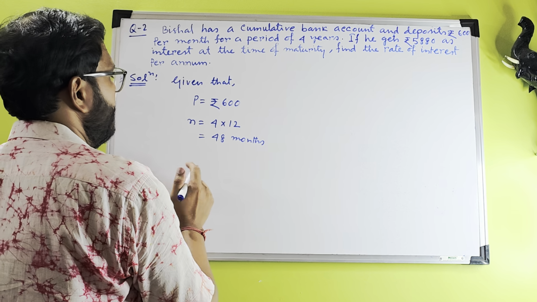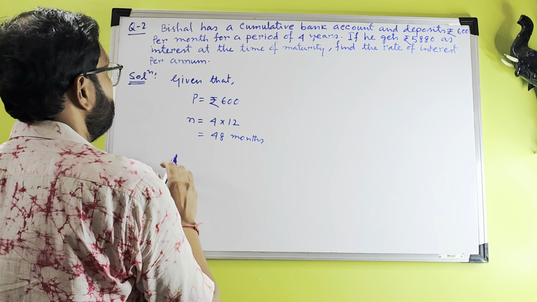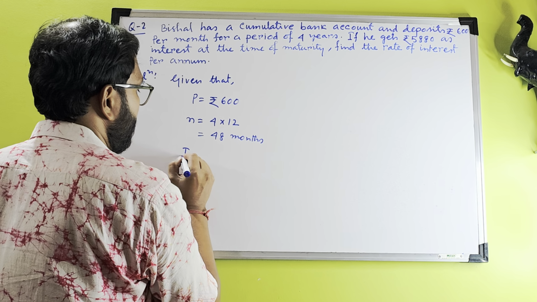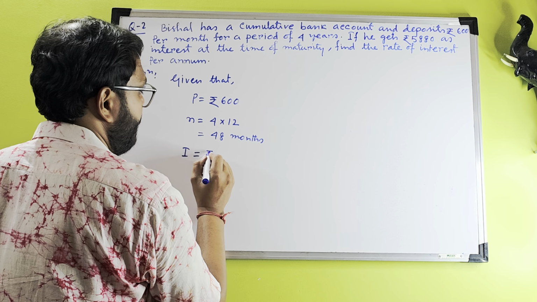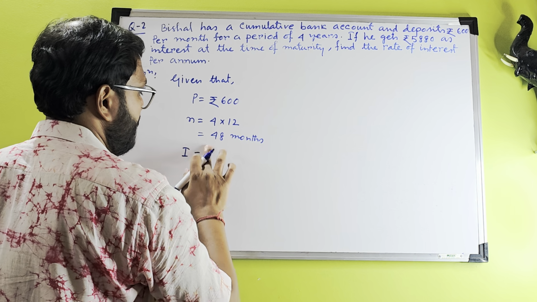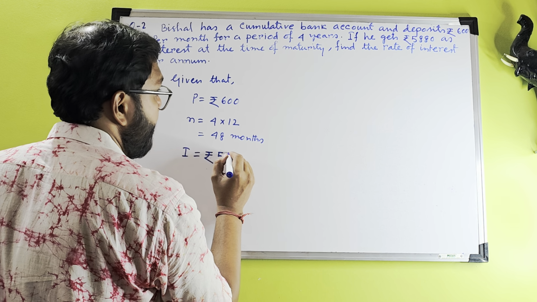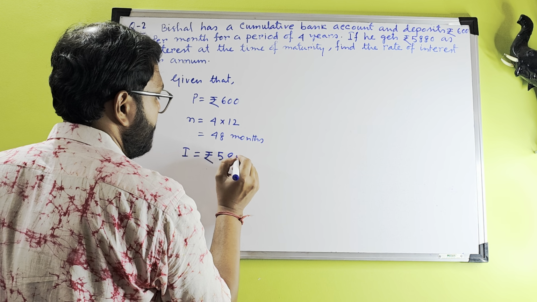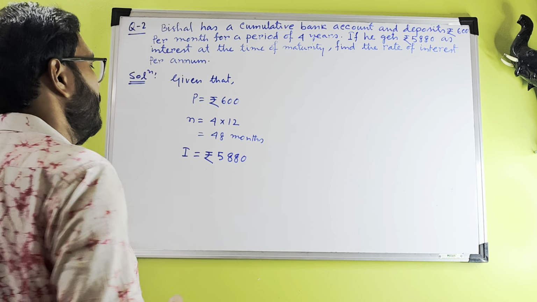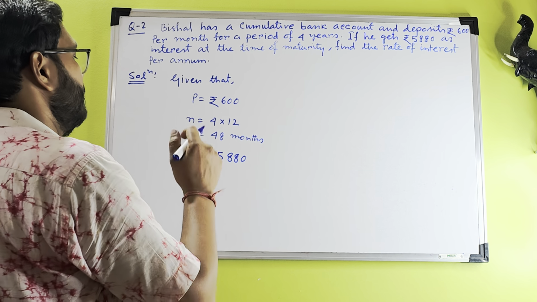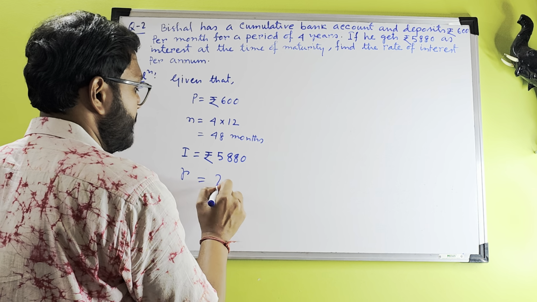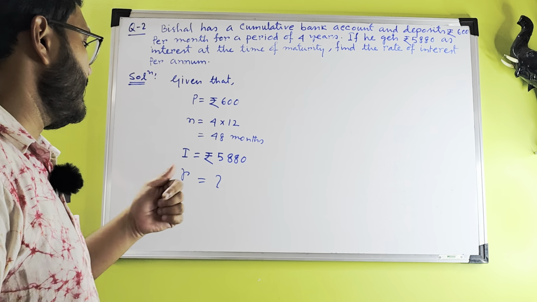Okay, and he got 5880 as interest. So I equal to 5880. And R is how much? That is the rate of interest.